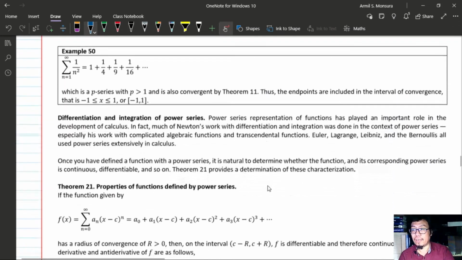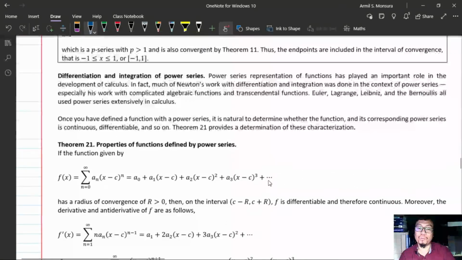Let us proceed with one of the most important things that I would like you to learn in this lesson: differentiation and integration of power series. In the next topic, we will be using power series as a method of solving ordinary differential equations.